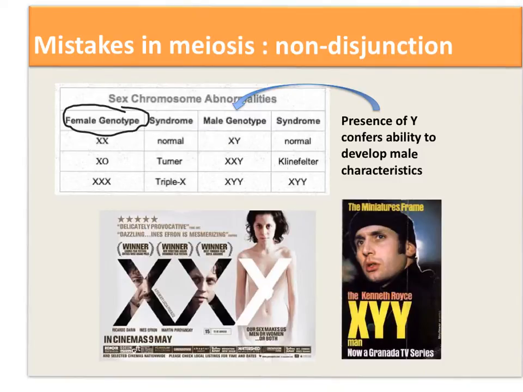Always. So even if you end up with an individual who only has one copy of the X, that individual would exhibit female characteristics, but XO is probably not viable. But some individuals are triple X, and they would exhibit as female.